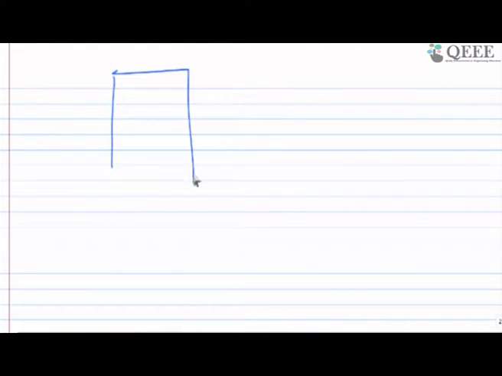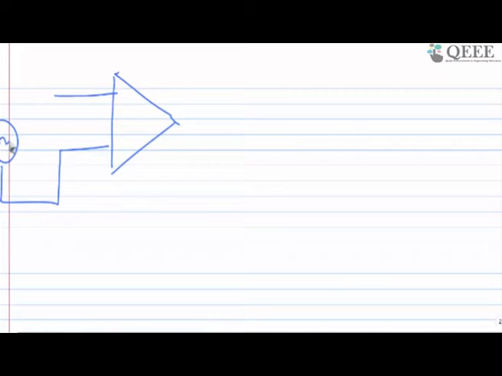So if this is your differential circuit, or let's make it in a better way, in a triangular way, in a triangle, you can have 2 input signals.